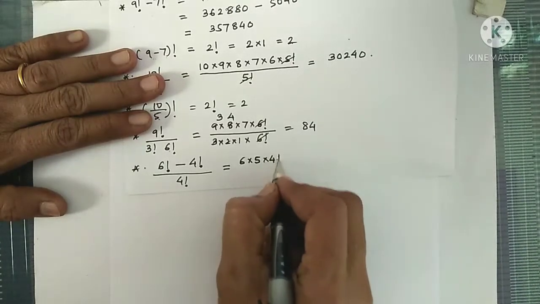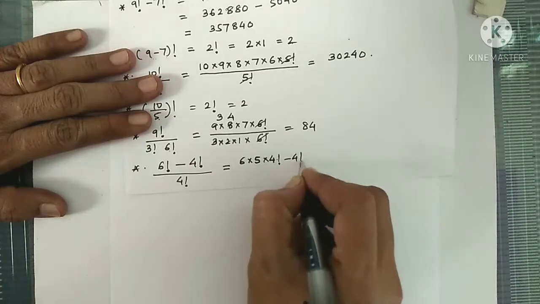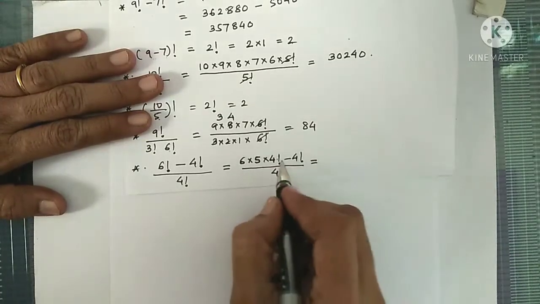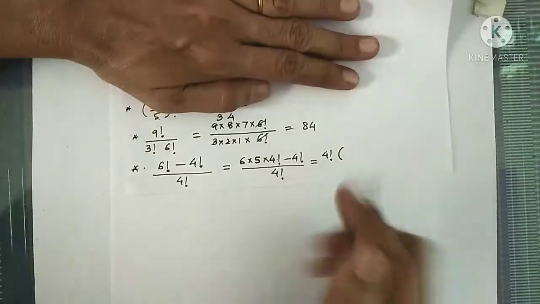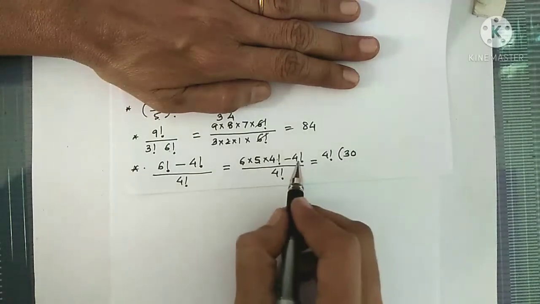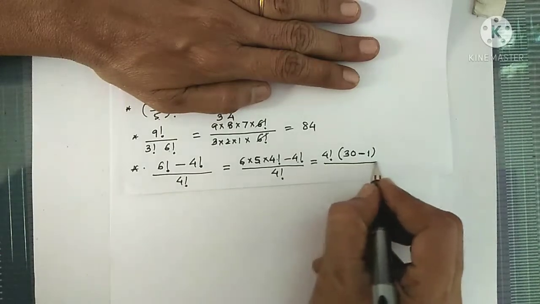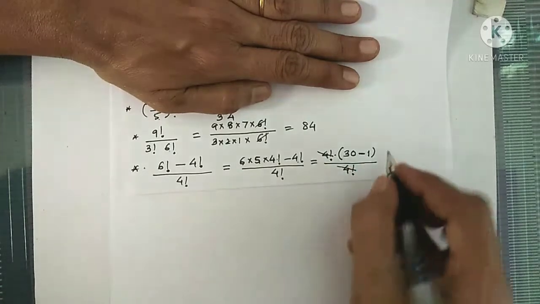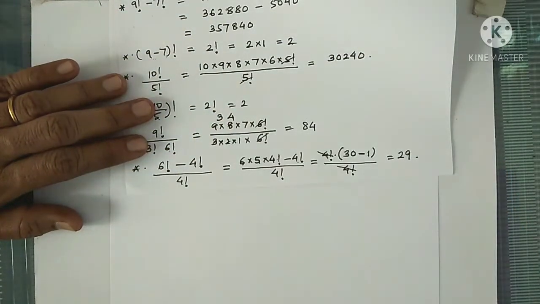So 6, 5, 4 factorial, as it is 4 up to 1. Minus 4 factorial, divided by 4 factorial. Now why have I written like this? Because we can take 4 factorial common. So taking 4 factorial common here, the remaining terms are 6 into 5, that is 30. Taking 4 factorial common from this term, it is minus 1, divided by 4 factorial as it is. It gets cancelled now, as here we have a product. So 30 minus 1 is 29. Okay.